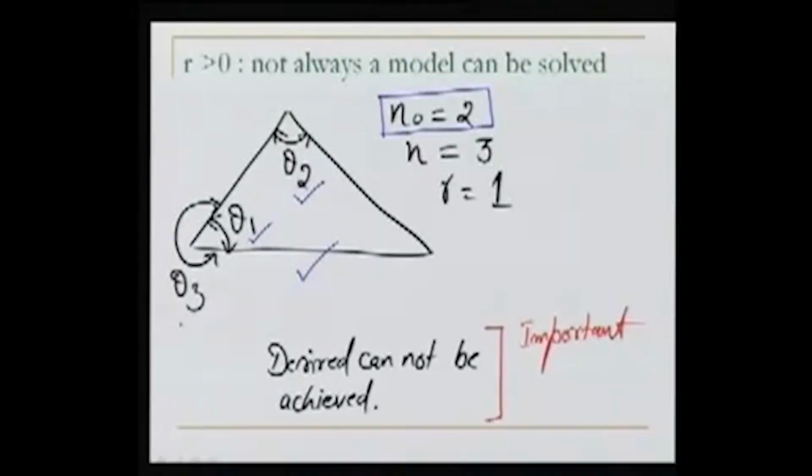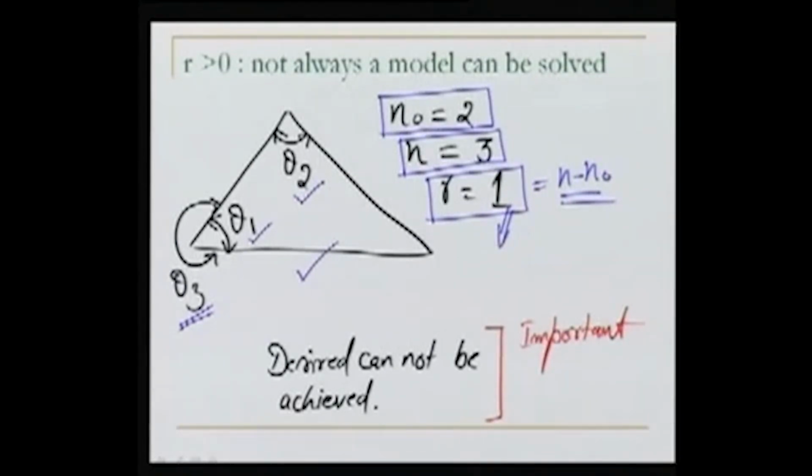Well, what we do, we also observe now theta 3. So now we have increased the number of observations, n is equal to 3, and now the redundancy is 1, that is n minus n naught. So we have a redundancy in our set of observations, but can we solve for our model?